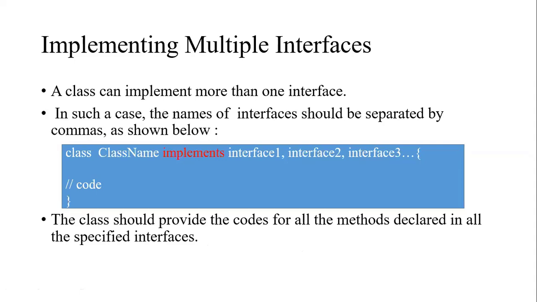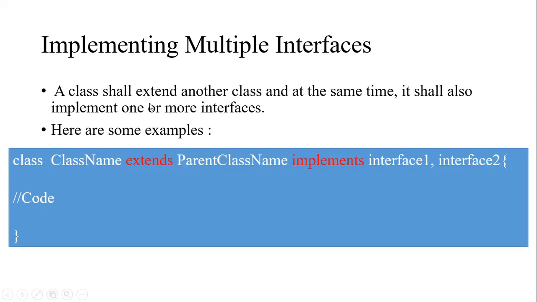Clear? Done. A class shall extend another class, and at the same time it shall also implement one or more interfaces. This is also possible. At one particular point of time, a class can extend one particular class, and it can give an implementation for more than one interface also. If that is the scenario, you will have a class definition something like this: class name extends a parent class, implements interface 1 comma interface 2.